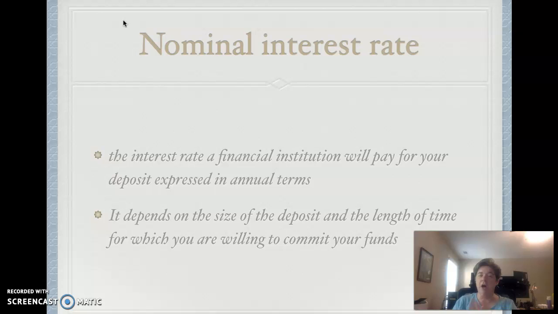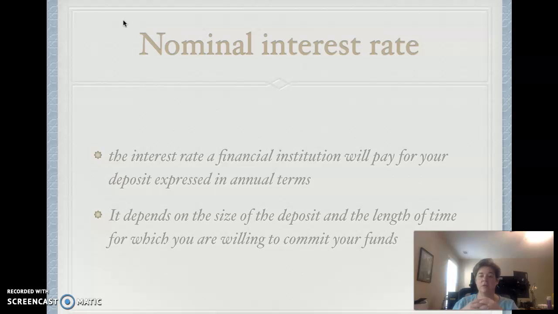Okay, so let's talk first about the nominal interest rate. Those are the first of the three things that determine how fast my money grows. The nominal interest rate is the interest rate a financial institution will pay for your deposit expressed in annual terms. Most banks today pay very low interest rates, like 1 or 2% on deposits if you're lucky, okay?